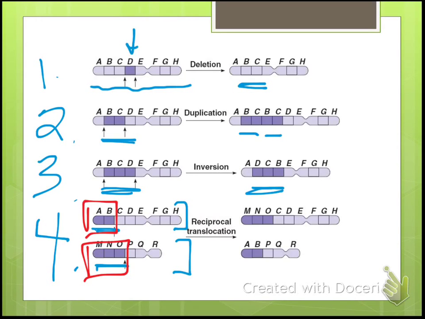So now on the other side, we see MNO on the top one and AB on the bottom. The letters on the original on the left side were in order, but now they're not in alphabetical order. Translocation has occurred. These chunks have broken off and translocated to a different part of the gene.